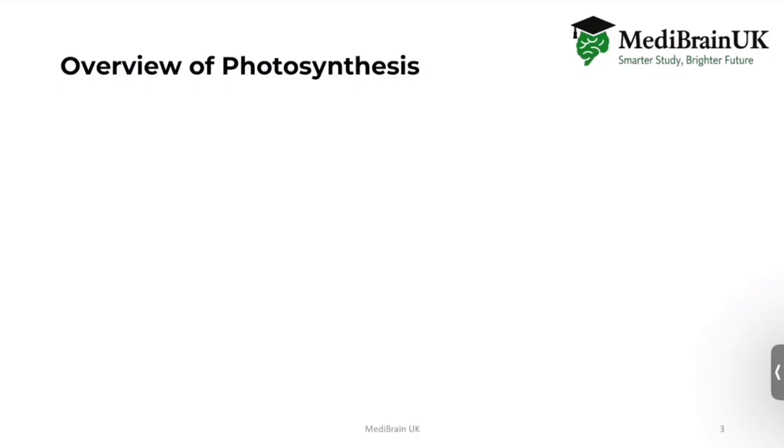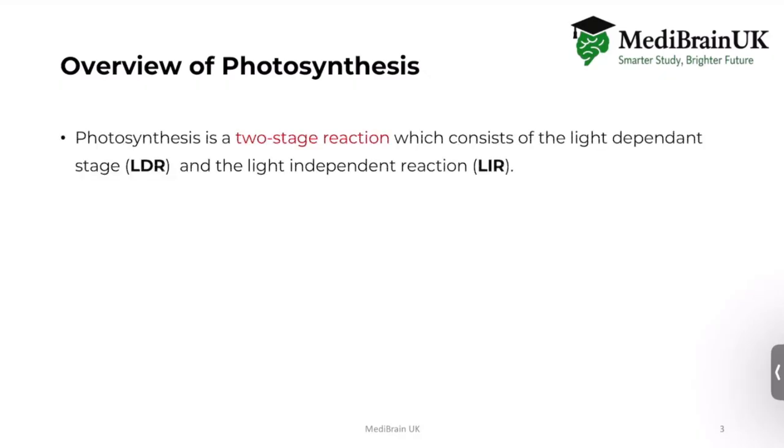And if we think back to common knowledge, photosynthesis occurs in the chloroplast. Okay, now chloroplasts, they have chlorophyll, which is a green pigment within the leaf, and then that pigment is what absorbs different wavelengths of sunlight. So an overview of photosynthesis. So we know that it's a two-stage reaction, and that's what we've already looked at. You've got the light-dependent stage, which we're going to be looking at in today's lesson.